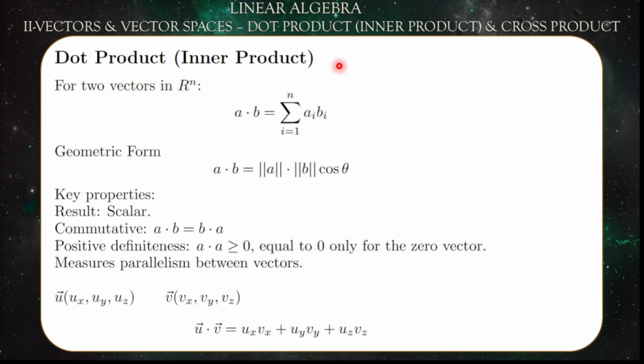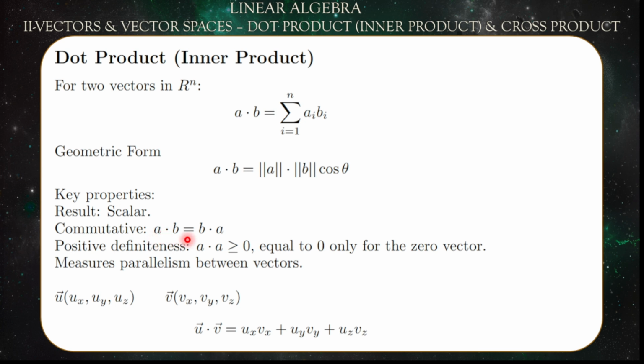Dot product, or inner product, for two vectors in R^n: A dot B is equal to the sum of AiBi, Ai and Bi being the coordinates of the respective vectors A and B. In the geometric form, and we will give an example for that, A dot B is equal to the length of A times the length of B times cosine theta, which is the angle formed between A and B. Key properties: the result is a scalar value, not a vector.